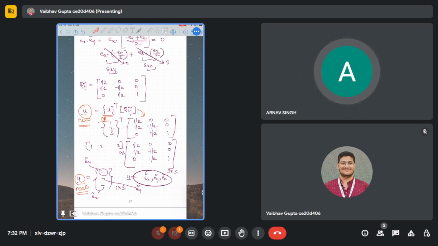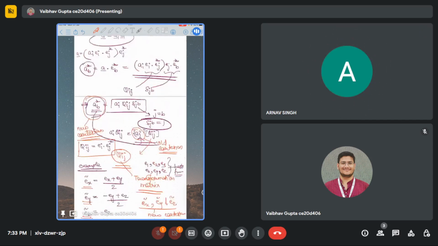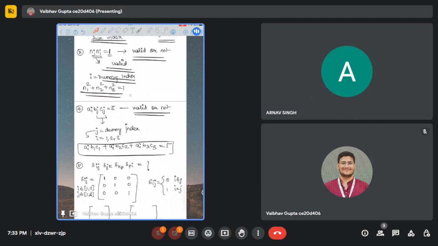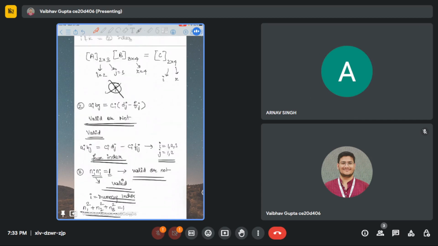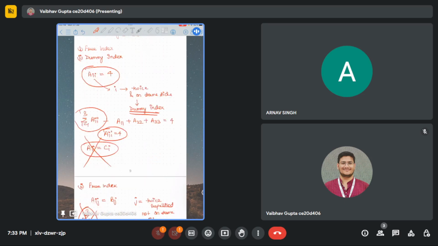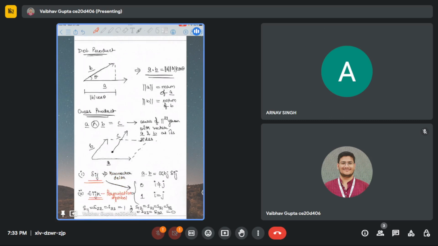You can go through the lectures, go through this lecture once more, and solve the problems which I have solved in this lecture once more. We have solved two or three problems for dummy and free indices. You know how to use the permutation symbol and the Kronecker delta, and how to get the u vector in the new Cartesian system. Just go through all these things once on your own.